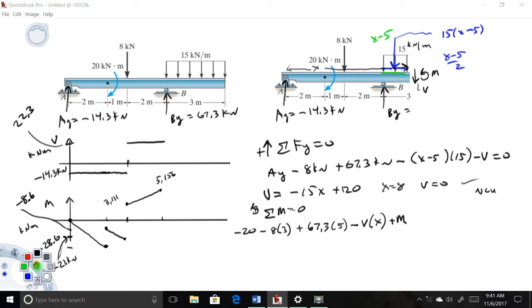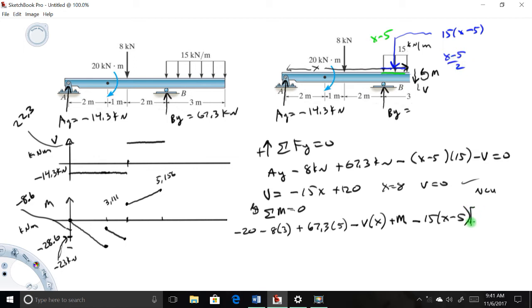So, what does that mean as far as our equation is concerned? Summing moments about point A, we're going to have minus, and then here's the magnitude of our force, 15 times x minus 5, minus because this force is producing clockwise moment about A, and then the distance is from here to here, and I'm going to go through it real carefully. 2 plus 1 more is 3, plus 2 more is 5, plus this little half rectangle, which is x minus 5 over 2.